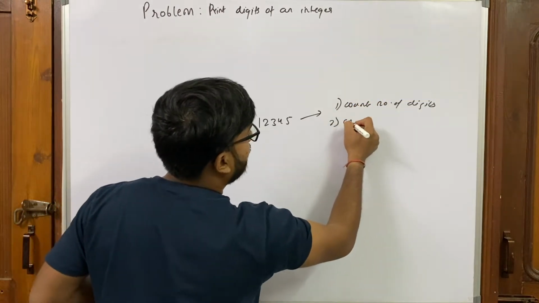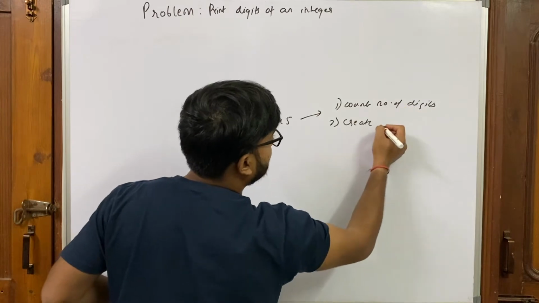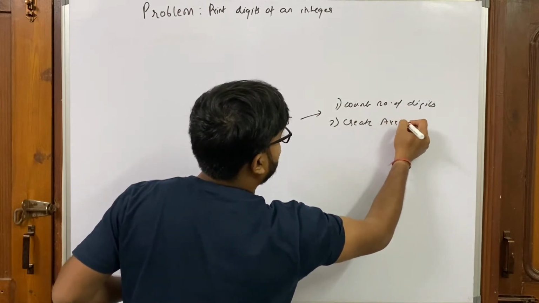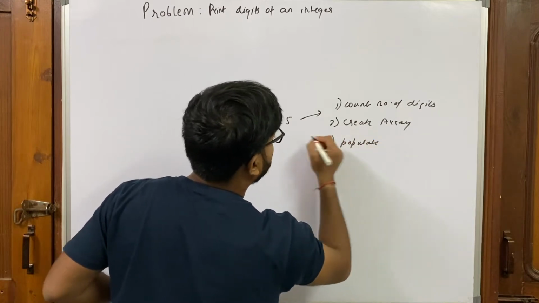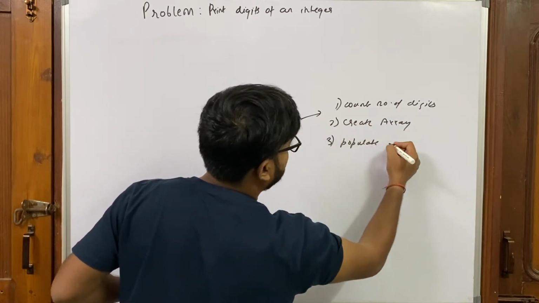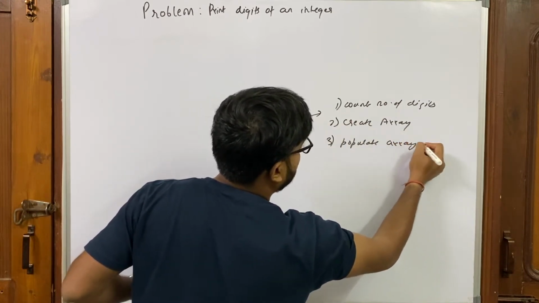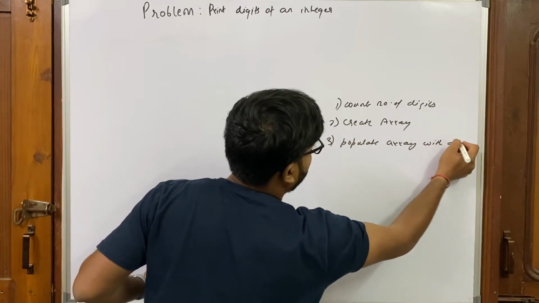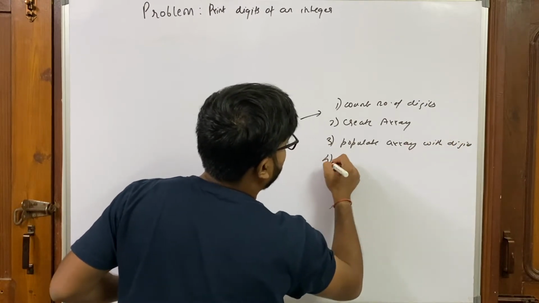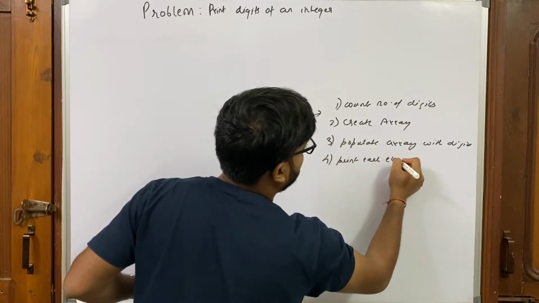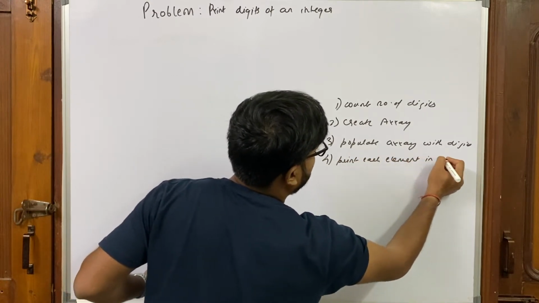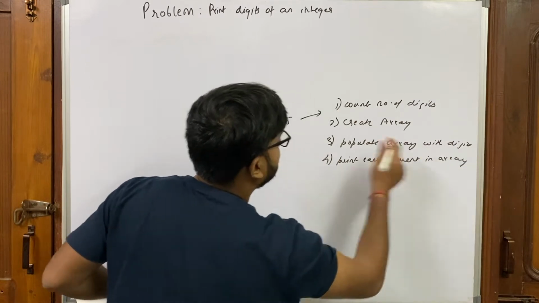Second, I create array of this size, number of digits size, to store the digits. And then 3, I populate this array with these digits. And finally I print each element in array, basically printing each digit in this number.